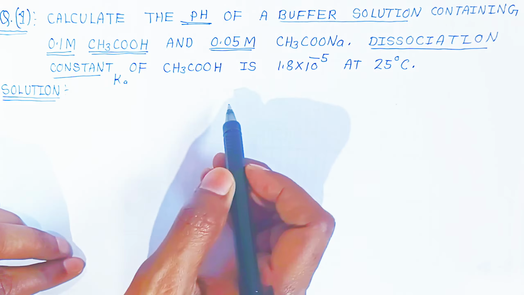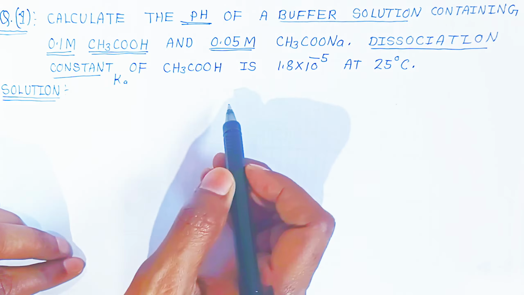What else is given? Small Ka, the dissociation constant of the acid, is also given: 1.8 into 10 raised to minus 5. We have to calculate the pH with the help of this data.